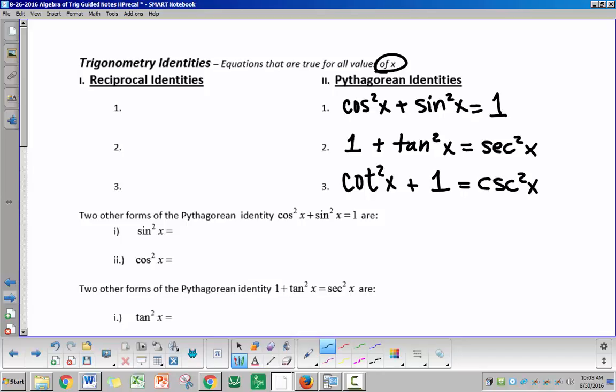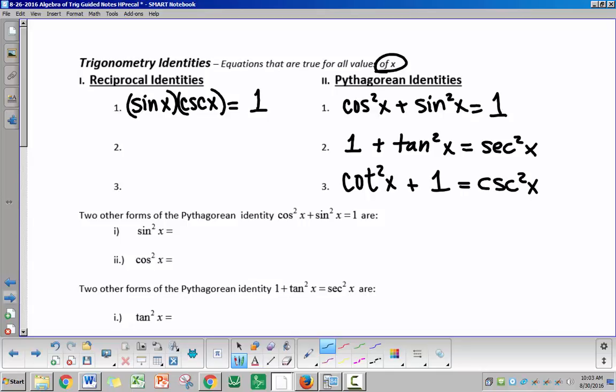Can you think of two that are reciprocals of each other that if you were to multiply them together you get 1? Okay, so you could say sine x times cosecant x, because they're reciprocals of each other, right? You would get 1.